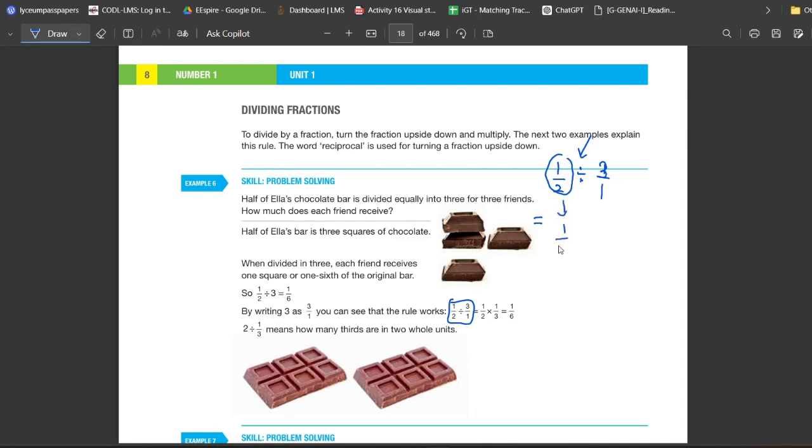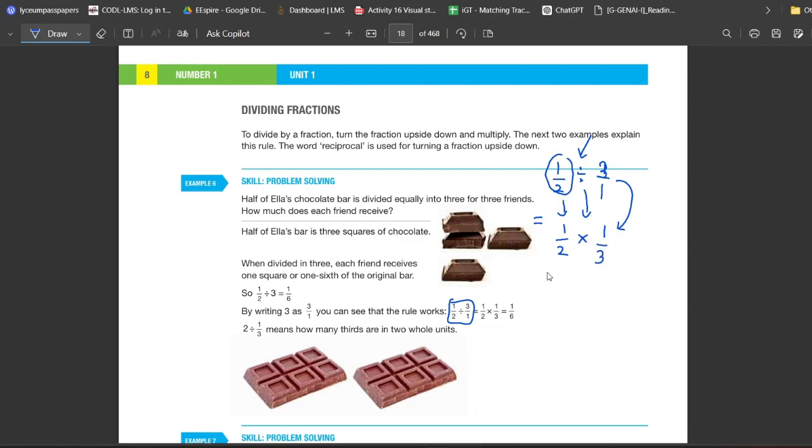That's 1 over 2. Now change the division sign into multiplication and take the reciprocal of the second fraction. So that's 1 over 3.